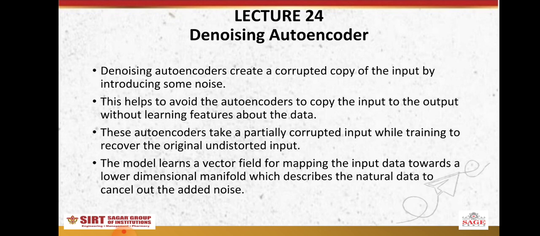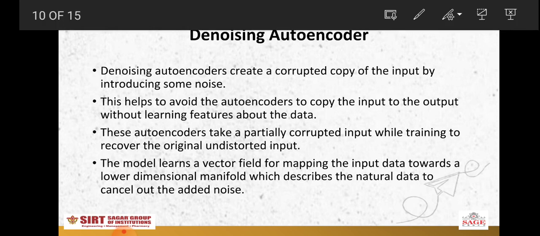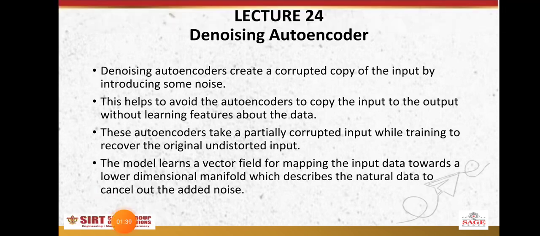These autoencoders take a partially corrupted input while training to recover the original undistorted input.